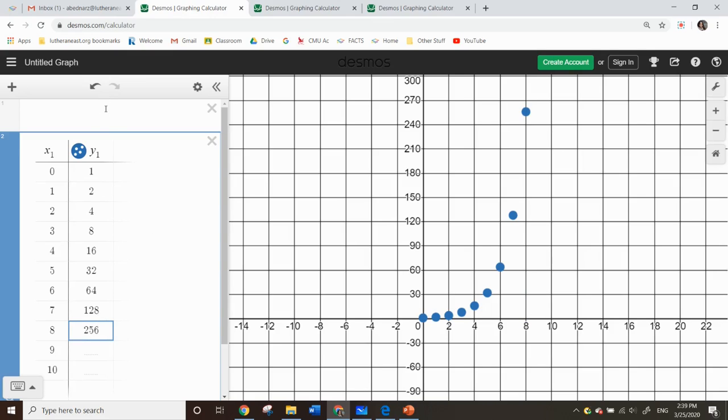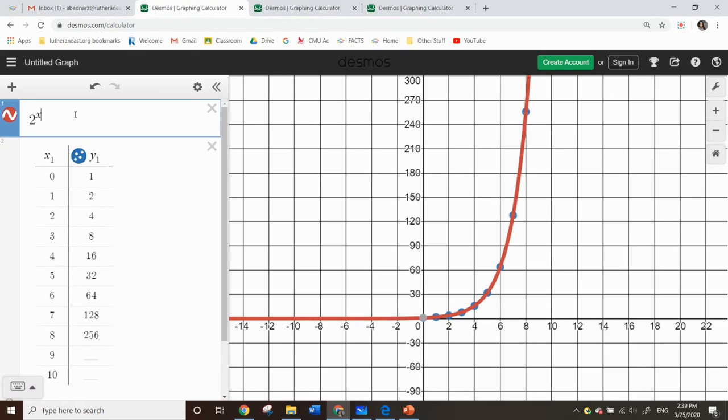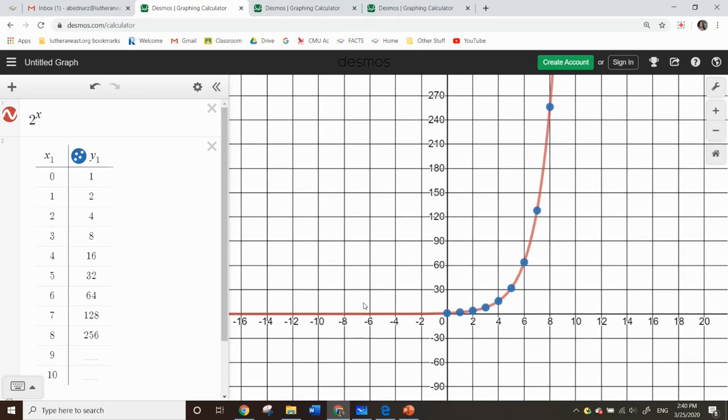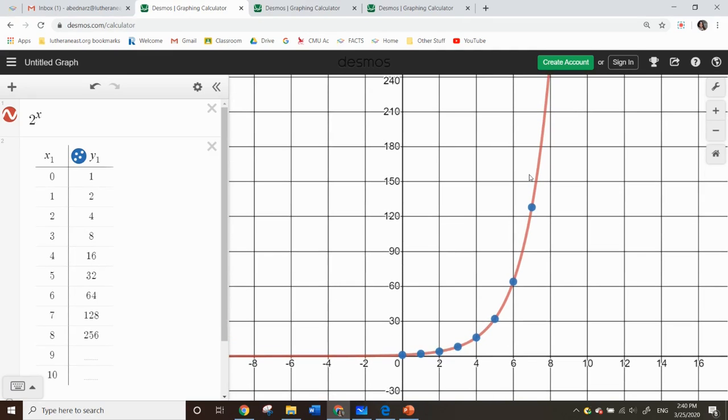Okay, so here's this idea. Since we are doubling every time, we're going to say that we are multiplying by 2. But just like we said in the notes, our x is going to go in the form of an exponent. So we're going to say to the power of x. And as you can see, that red line that it drew from that function I just typed in matches those points exactly.